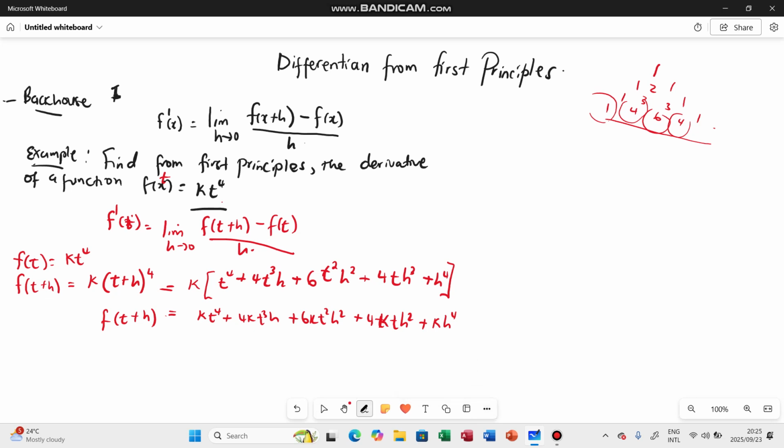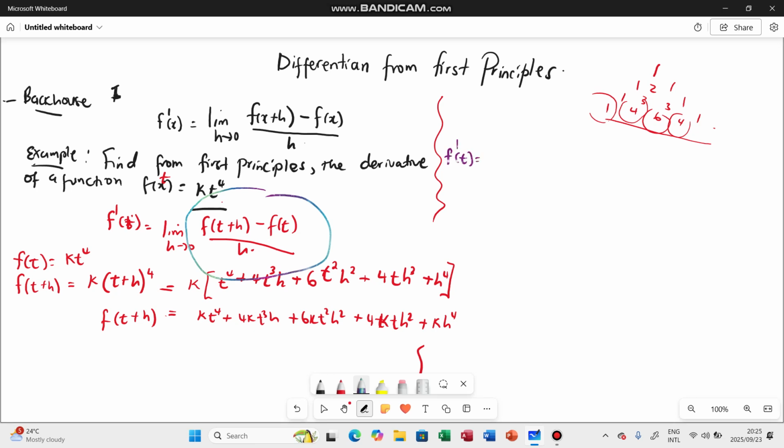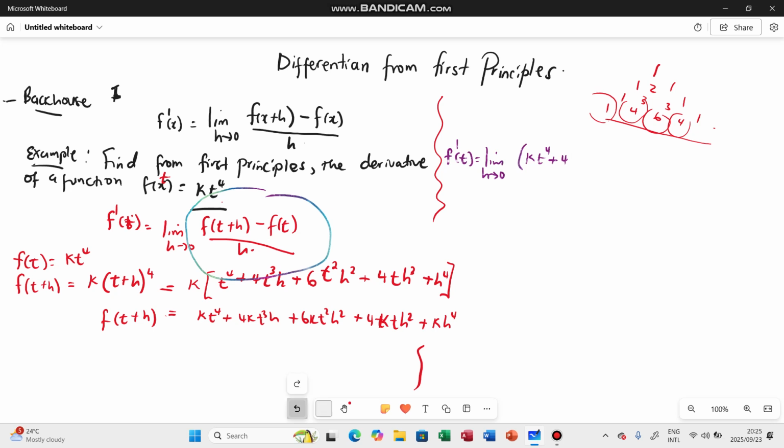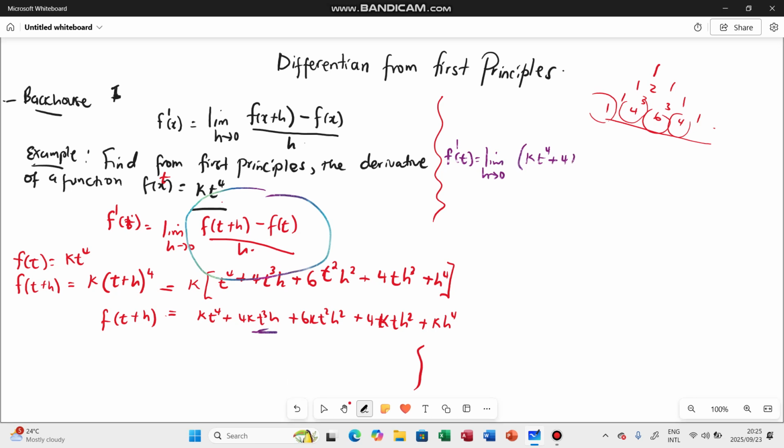If we go ahead and substitute into the formula, it means that f prime of t is equal to the limit as h tends to 0 of f of t plus h, which is kt to the power 4 plus 4kt cubed h plus 6kt squared h squared plus 4kt h cubed plus kh to the power 4.